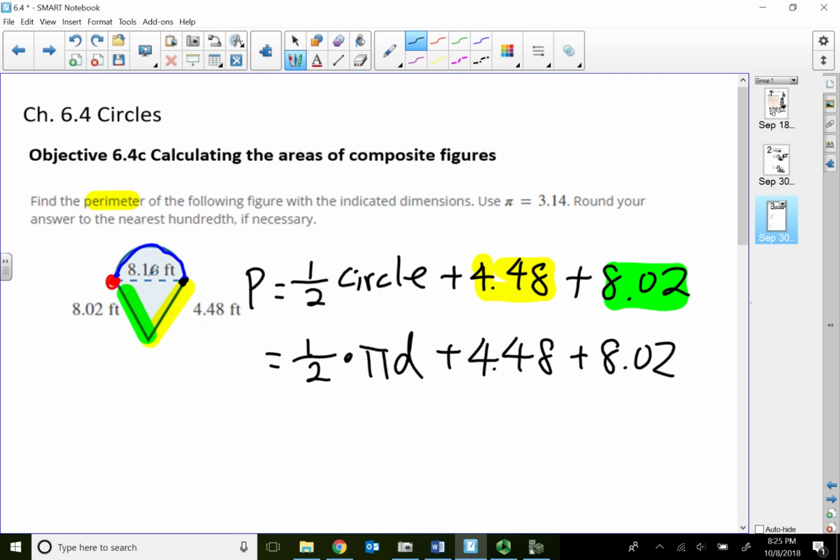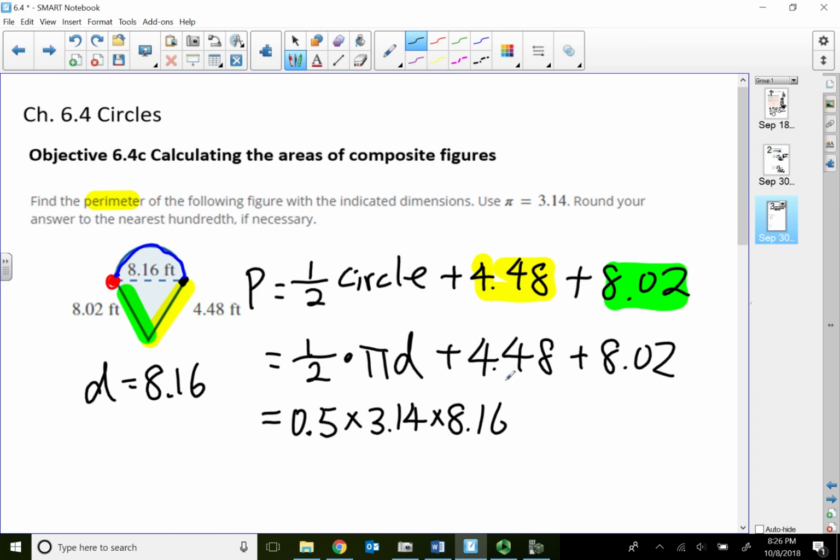So what are they giving me for this half a circle? This 8.16 is one end to the other end. So the problem tells me the 8.16 is the diameter, which is what I need right here. So for my half, I can type in 0.5 times pi, which is 3.14, times diameter 8.16.